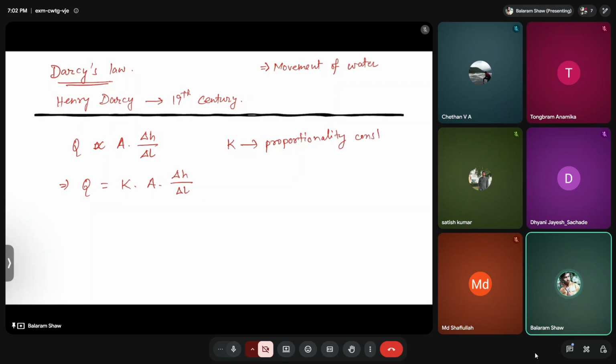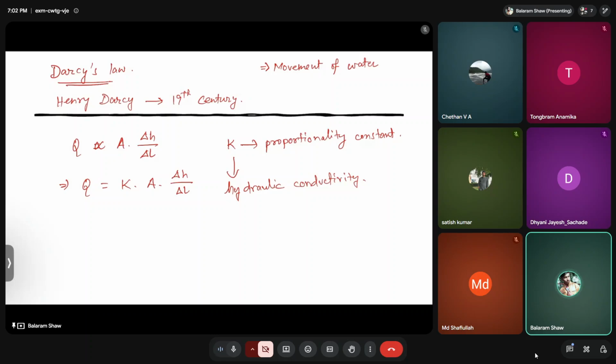Physically, we call this hydraulic conductivity. What is hydraulic conductivity? From the word conductivity, do you understand anything? Just from the word, no need to think of groundwater engineering. In electrical or physics, something you have studied in school, right?